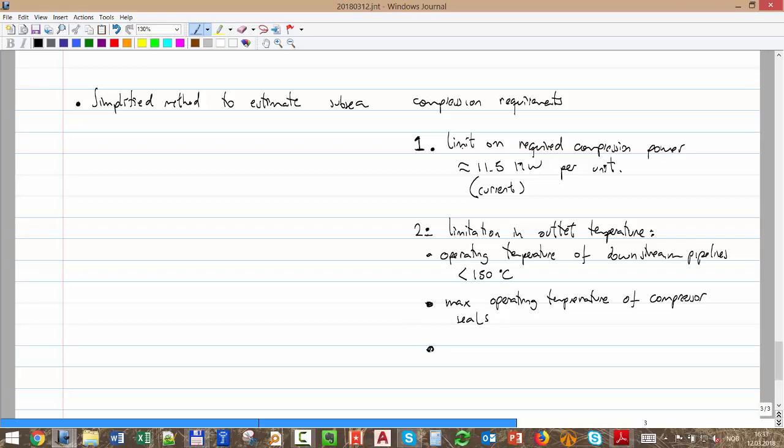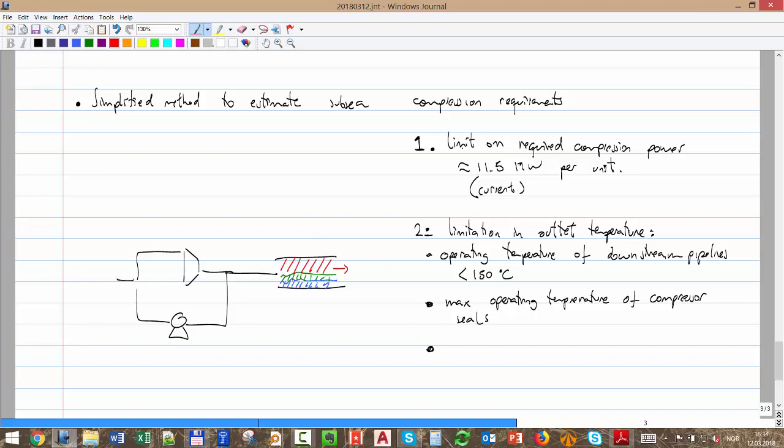And the other thing is what I was telling you before: at the discharge of the compressor, you have a compressor here, you have a pump here, and then you mix them, and then you have a pipe in which you have gas and water and condensate. You might have a problem later on in the pipe of hydrate formation, so you want to inject inhibitor, you want to inject methanol.